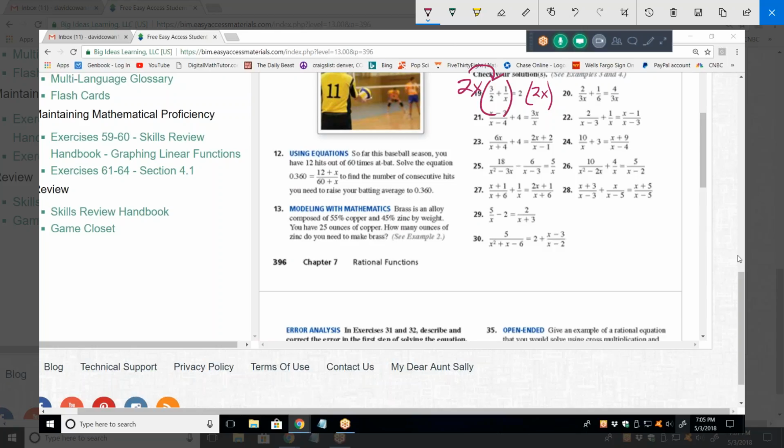6x over 4x. No, it's not 6x over 4x. It's 6x over 2. When you multiply, you only multiply the top. Well, first of all, you should cancel the 2's. That's the easy way to do it.